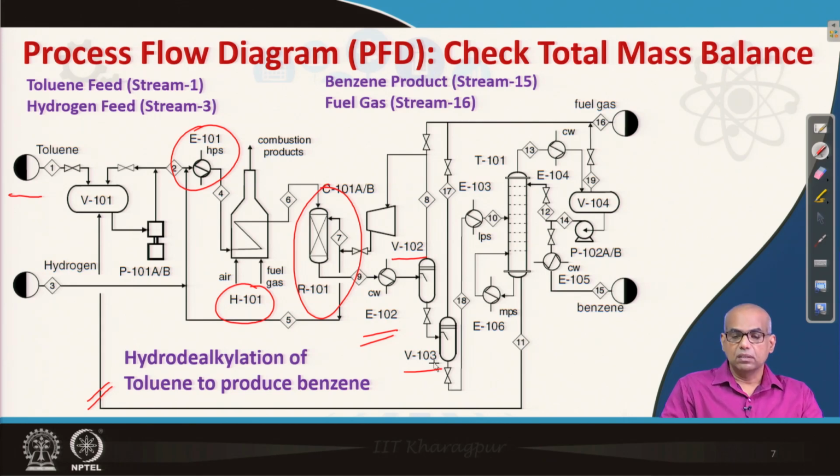First, the gas stream is separated. So, whatever hydrogen that is possible to recover is recycled back to the reactor. Look at the stream number 7, and the other stream, which is predominantly methane, is taken out as fuel gas.